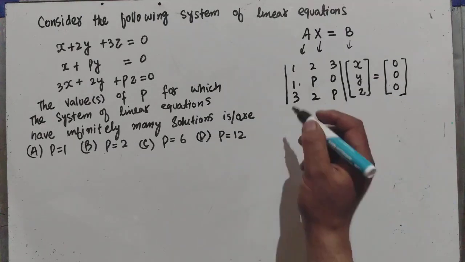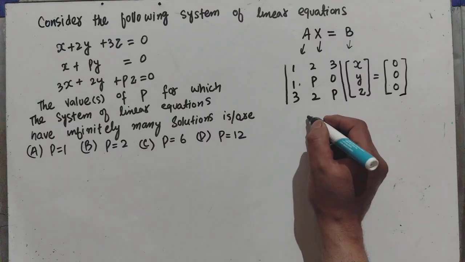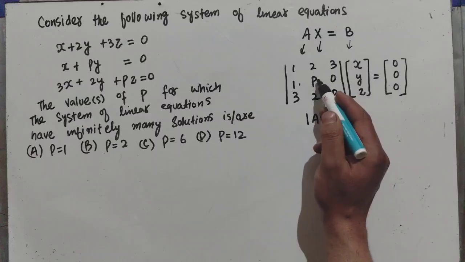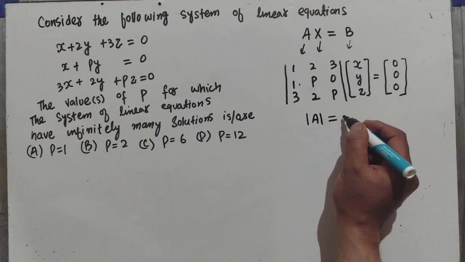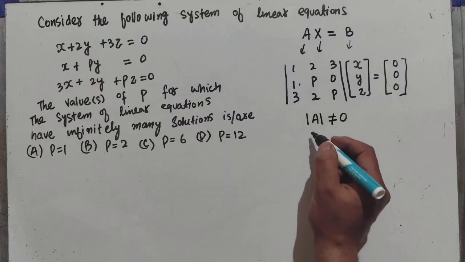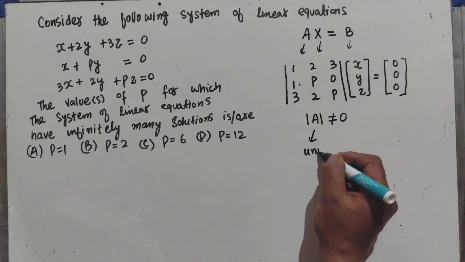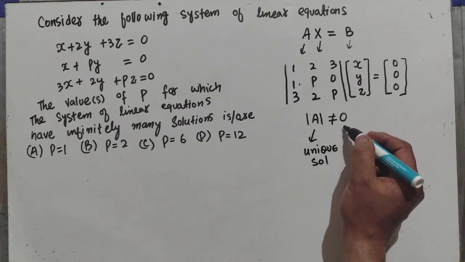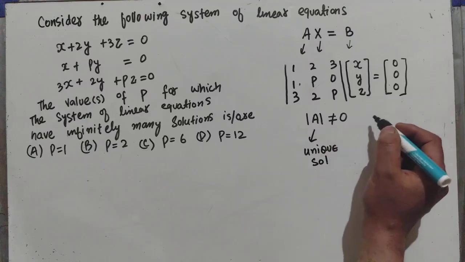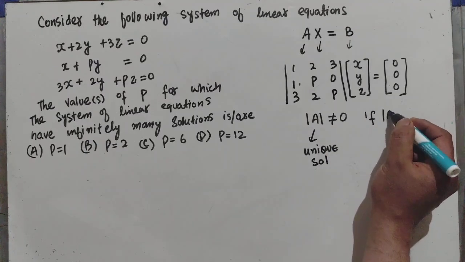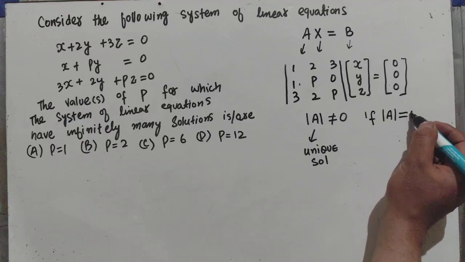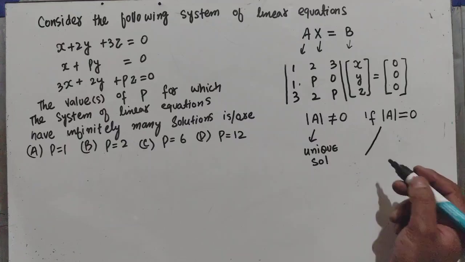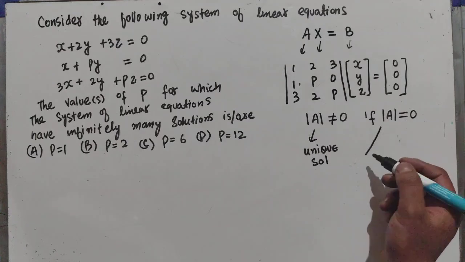So the condition is like this. If the determinant of this matrix is not equal to 0, then we have a unique solution. If the determinant of A is equal to 0, then there are two sub-cases.